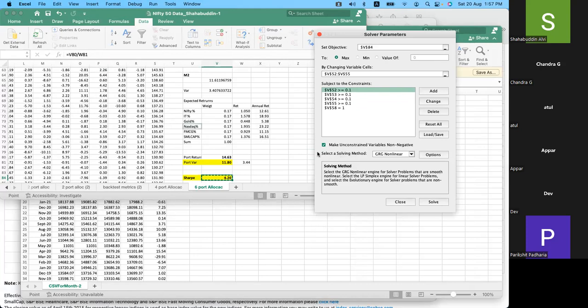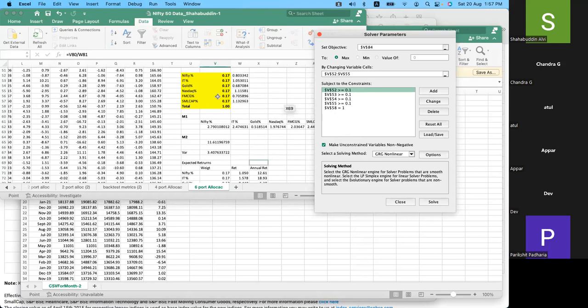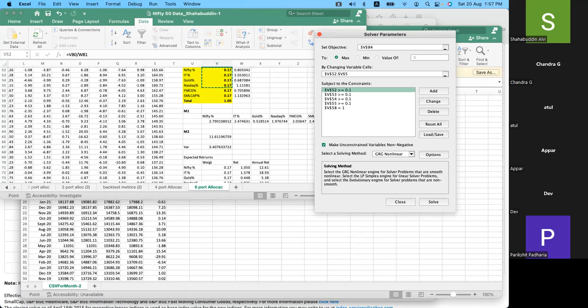Then you have to add 2 more conditions. V56, that is this one, FMCG. Even the changing variables you have to change. It's not V52 to V55, it is V52 to V57. Firstly, this is V52 to V57.